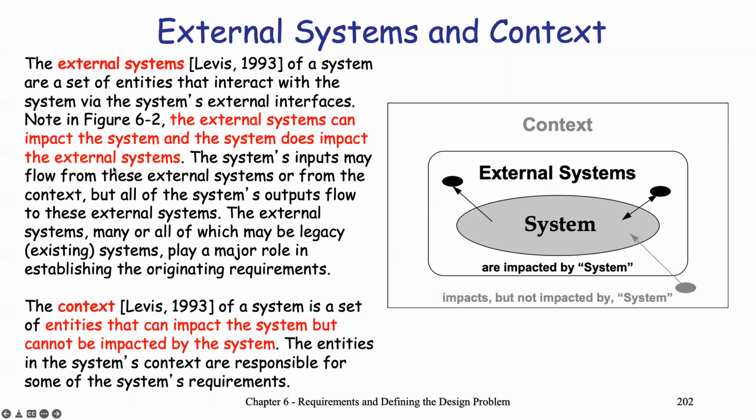So there can be this input and output of possible things that can be going on. The context of a system is a set of entities that can impact the system but cannot be impacted by the system.